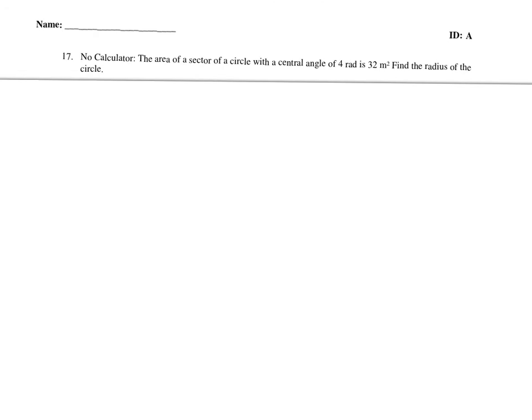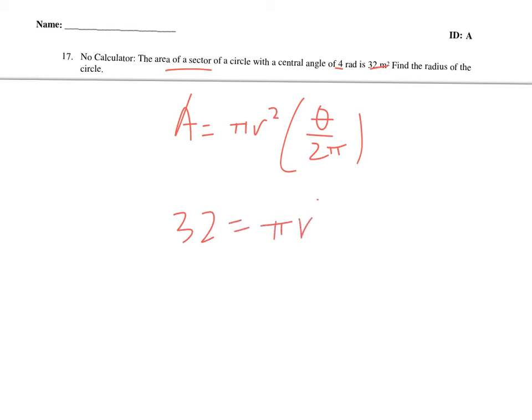All right, next up here, another area of a sector. So that is pi r squared times, in this case, theta over 2 pi since they're talking about radians here. They tell me that this is 32, so I'll plug that in right there. I don't know what r is, and it says that theta is 4 radians. Make sure you put that in as 4, not 4 pi.